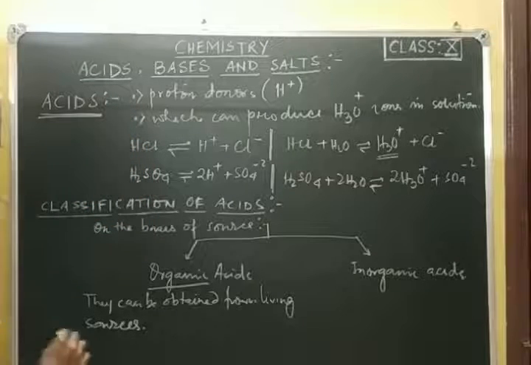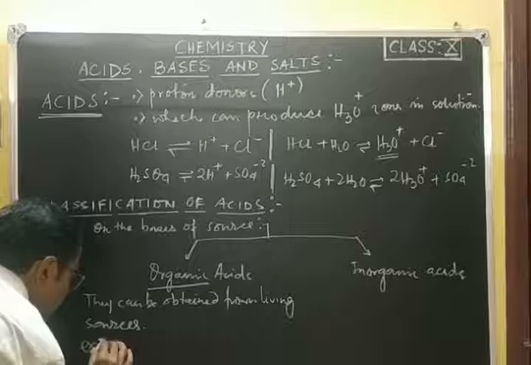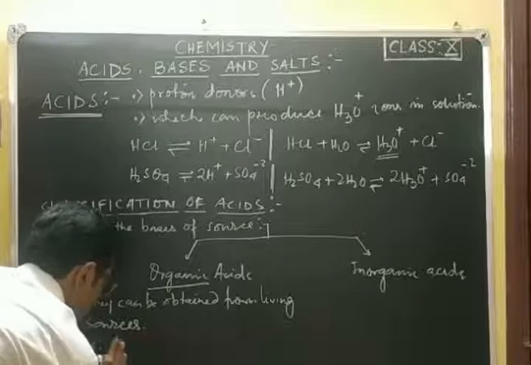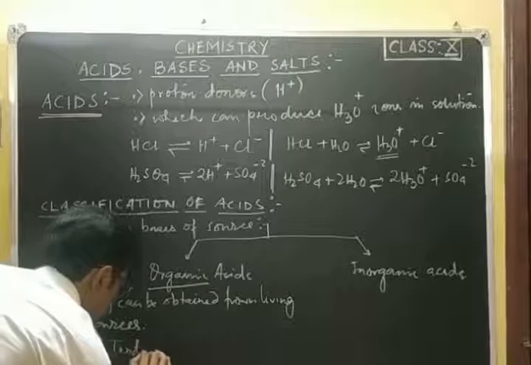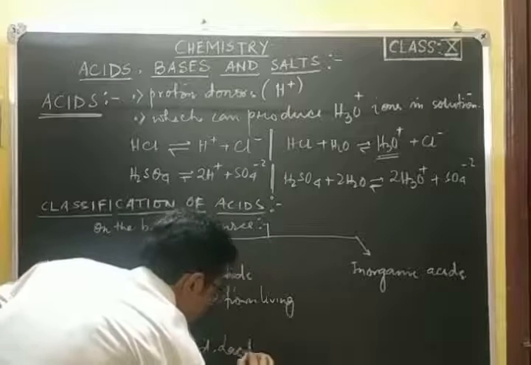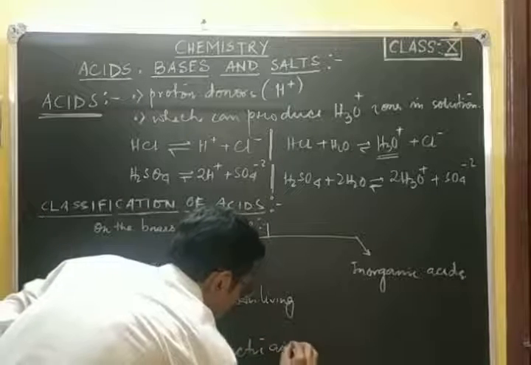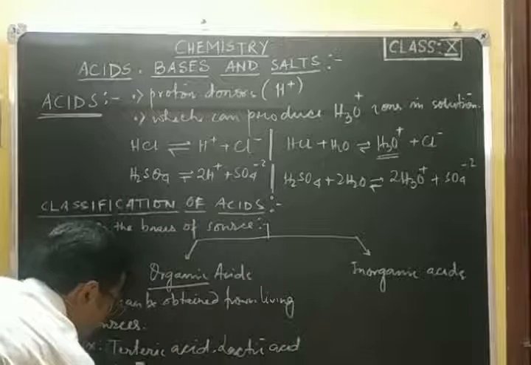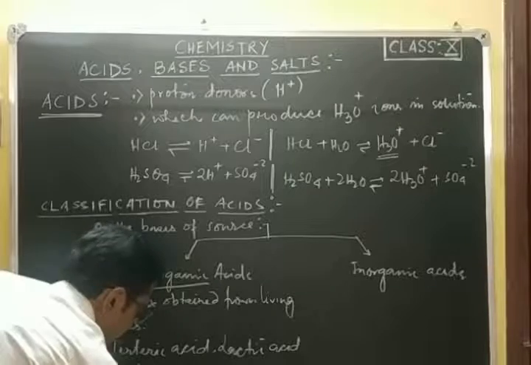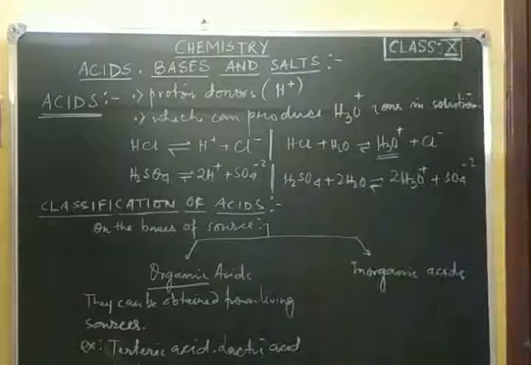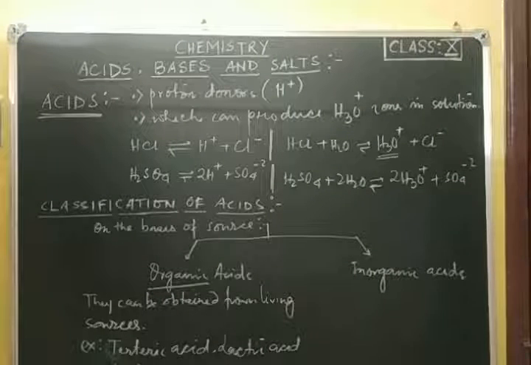So examples are citric acid, tartaric acid, lactic acid, all are examples of organic acids. Acetic acid, I can tell you, this is known to you, acetic acid, etc. So this is organic acid, the acids which can be derived from living organisms, and inorganic acids are derived from minerals.